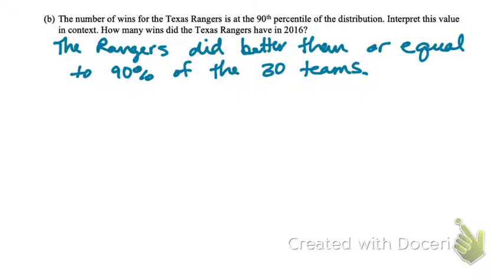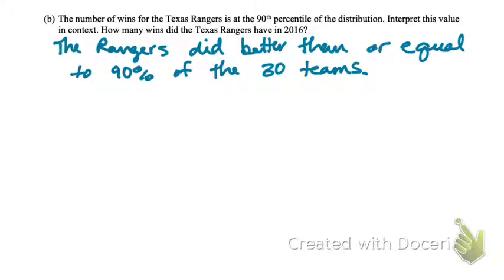94. How'd you get 94? 30 times 0.9. All right, so if I know that the Rangers are at the 90th percentile, then that means if I line up all the data, 30 pieces of data, and I say, okay, what's 90% of 30? 90% of 30 is 27.